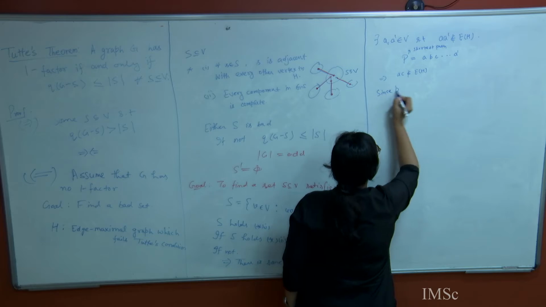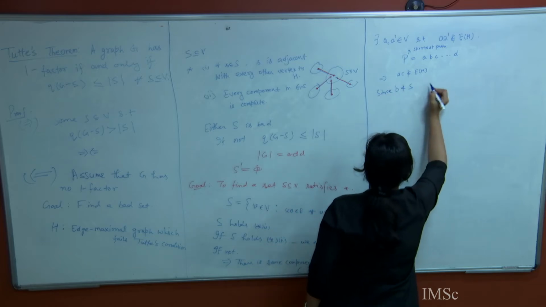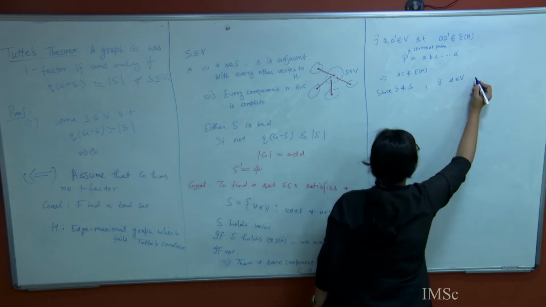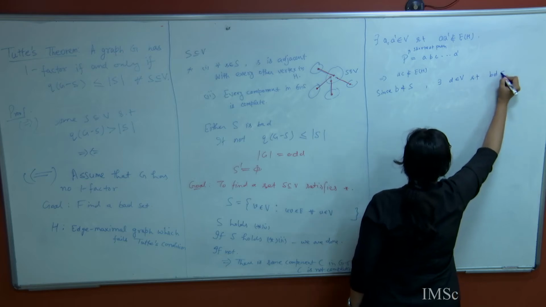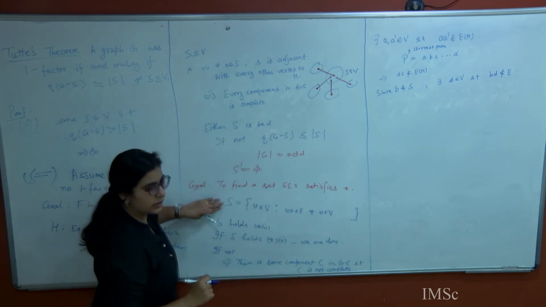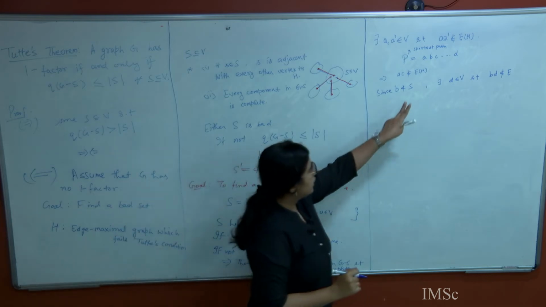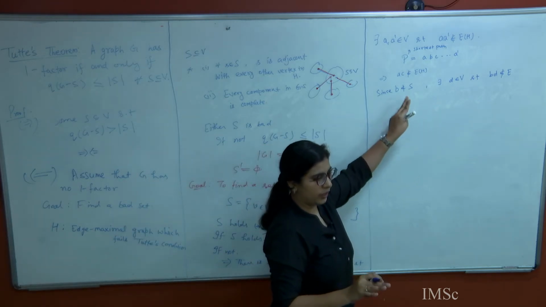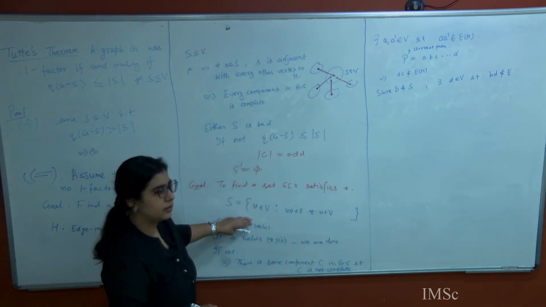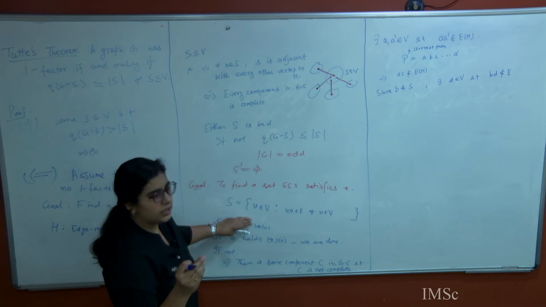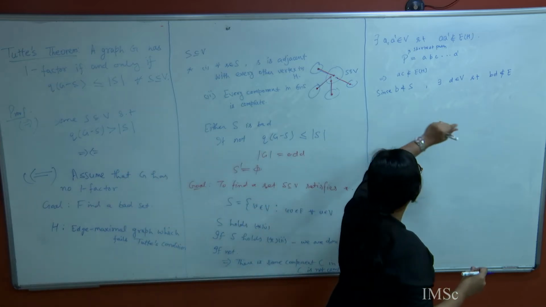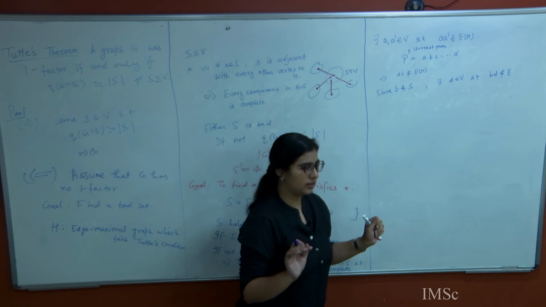Since B is not in S, there exists some D such that BD is not an edge, because of this definition of S. If B had no non-neighbor, that means B is adjacent with everyone, so B should have been in the set S, right? So there is some vertex which is not adjacent with B. Okay, so we found two non-edges.